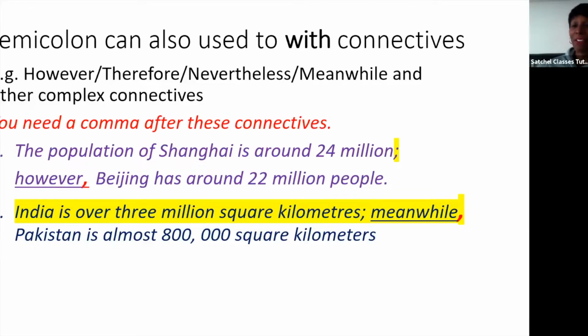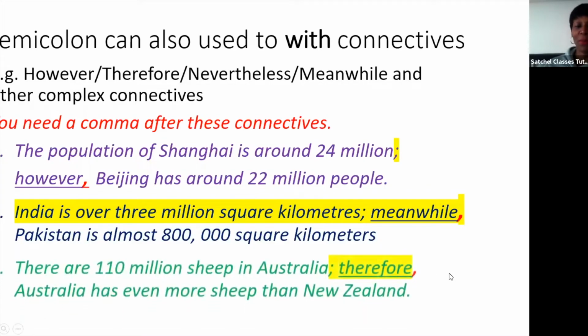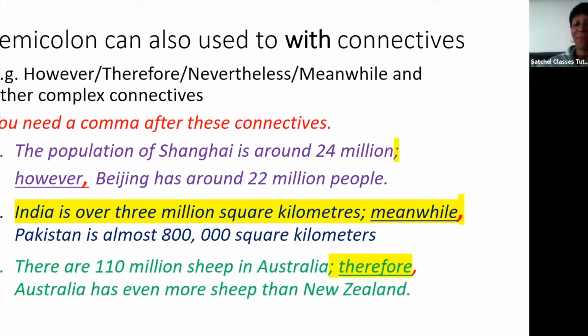There's a sense of comparison, similarity, rather than contrast. One more example. There are 110 million sheep in Australia; therefore, Australia has even more sheep than New Zealand. The semicolon shows again the interconnectedness, comparison, contrast, and the therefore develops that idea.